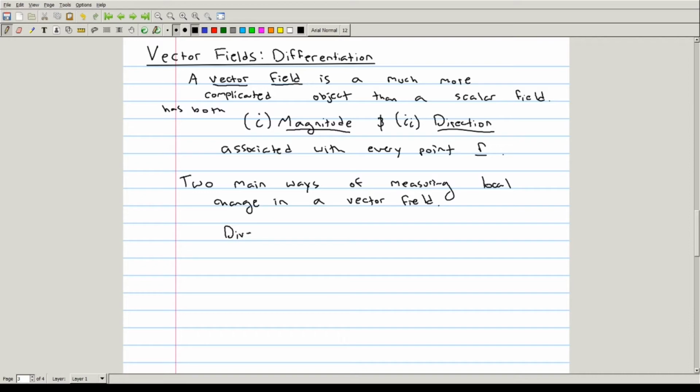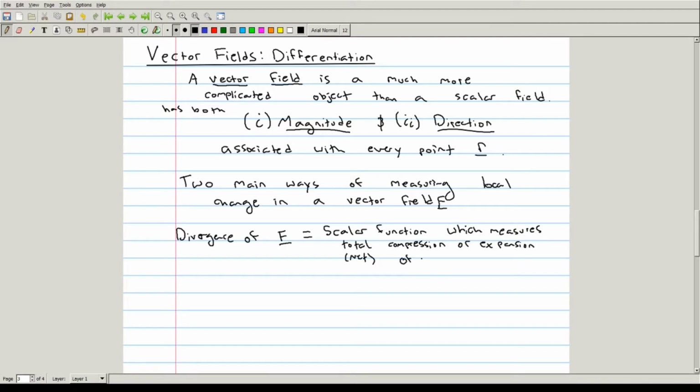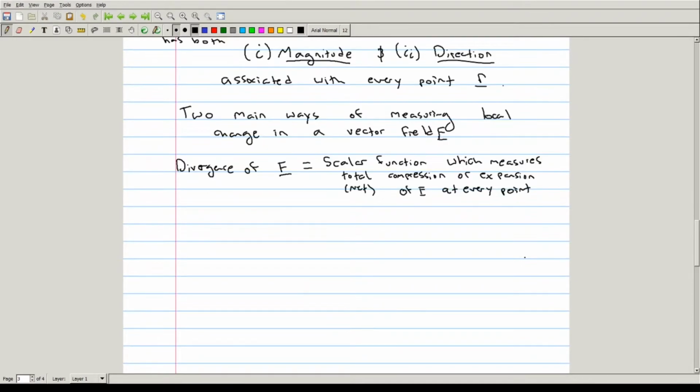First one is the divergence of the vector field F. And to describe this in words would be to say that this is a scalar function which measures the net compression or expansion of the vector field F at every point. That's the divergence.